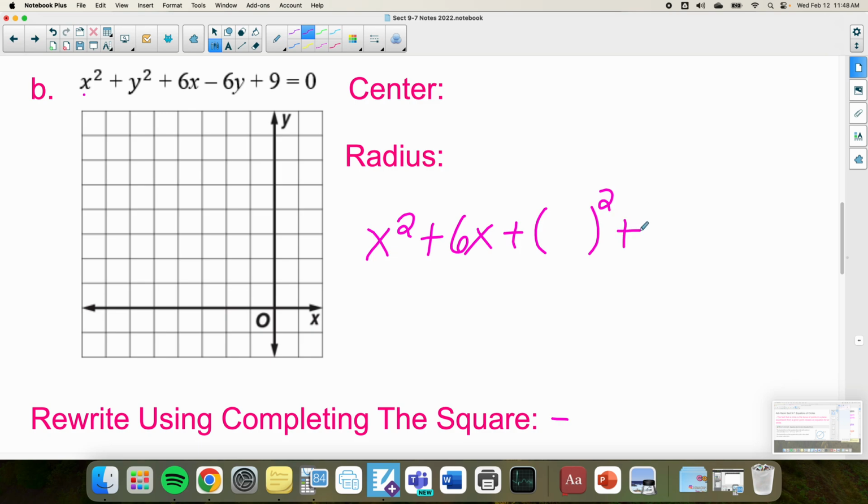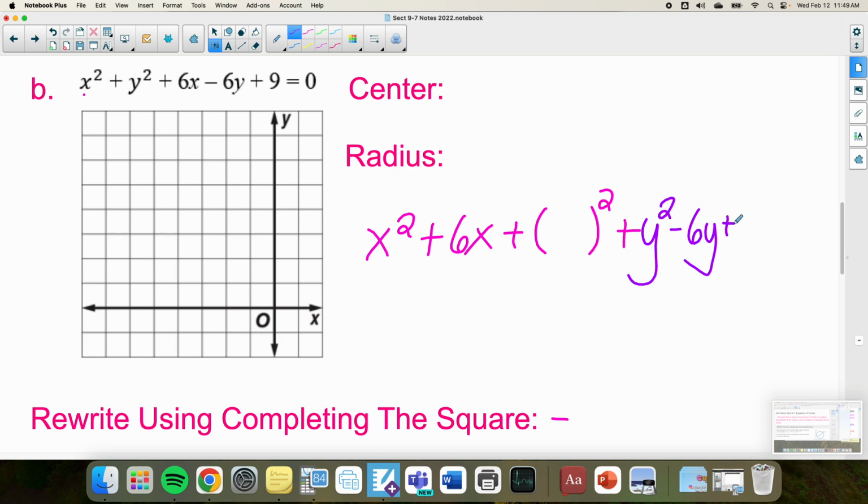Now I'm gonna write the y squared, plus, or no, I'm sorry, I have a minus 6y, and I have to complete the square on this also.